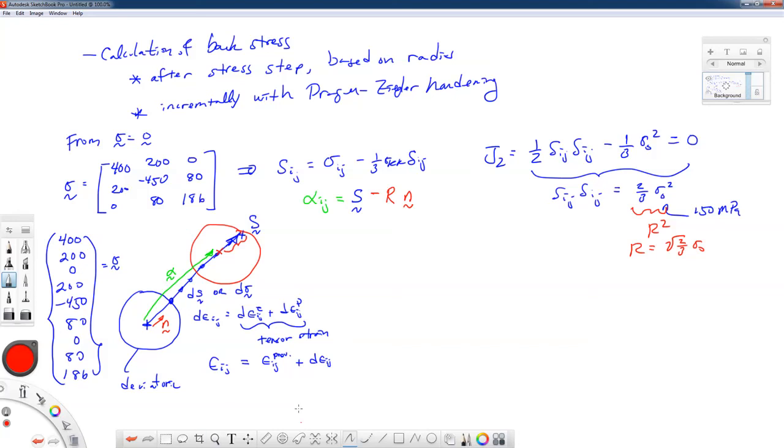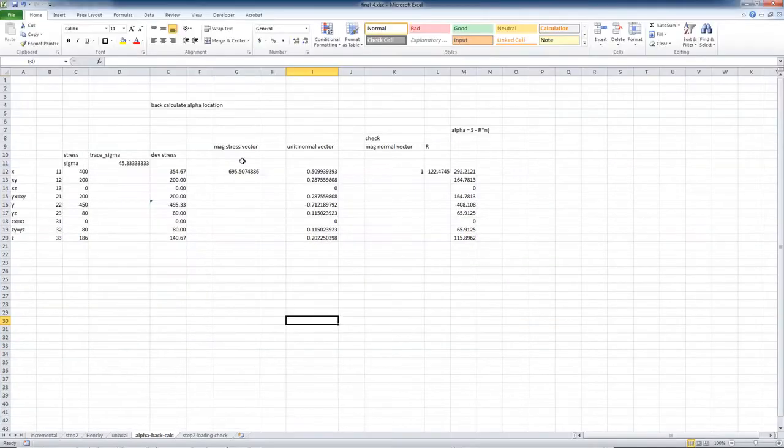Alright, so let me grab my spreadsheet. This is a continuation of the previous one. What I have in here are my stresses and my deviatoric stresses. And I need to find the unit normal that's in the direction of this deviatoric stress vector.